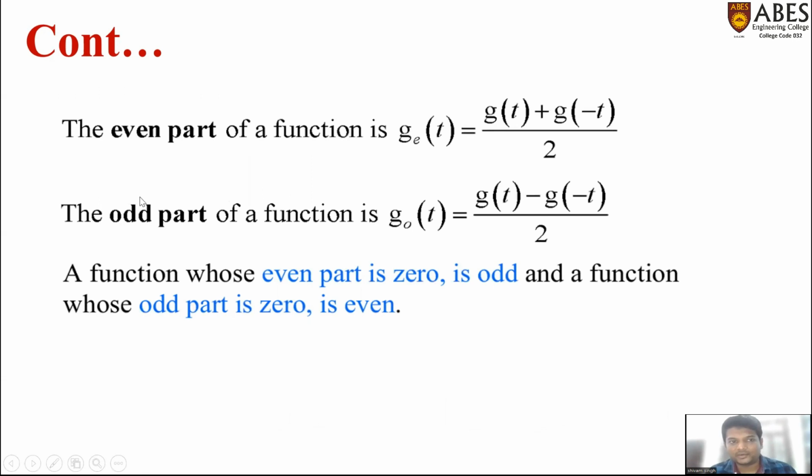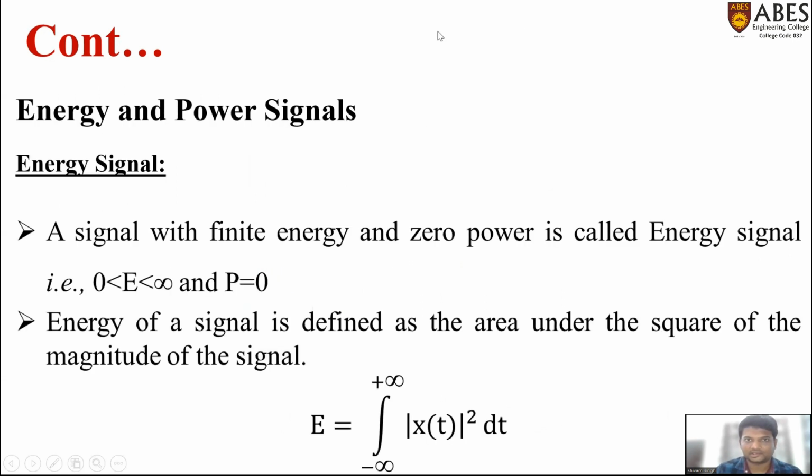Now, if you want to find out the even part and odd part of a given signal, suppose g of t, you can understand better with the help of notation. Suppose a function is given.